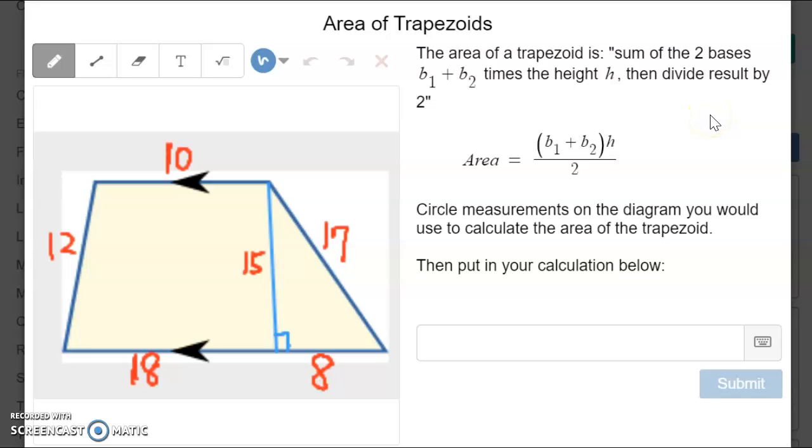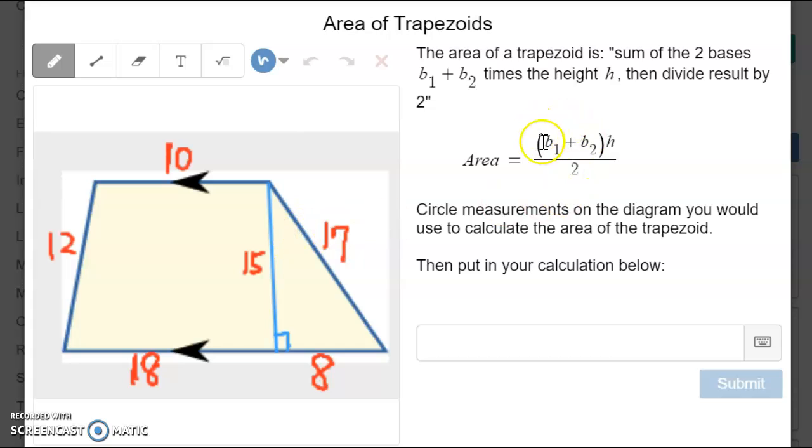The area of a trapezoid is the sum of the two bases. That's 10 and 18 plus 8. So 18 plus 8 is 26, plus 10 is 36, divided by 2 is 18, times the height. Again, the lengths that you're multiplying have to be perpendicular to each other.